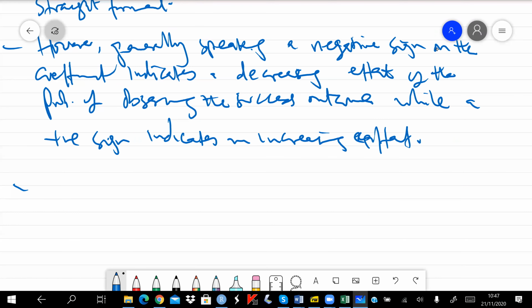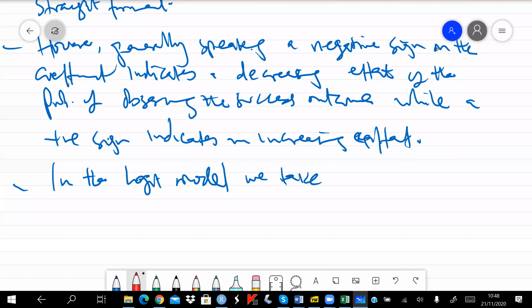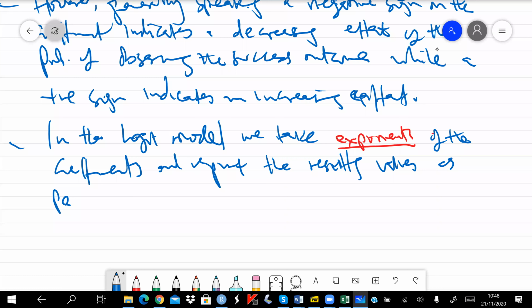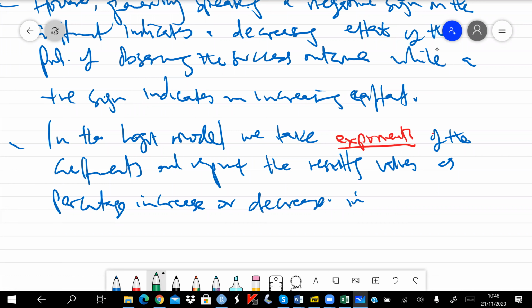Let me say that in the Logit model, we take exponents of the coefficients and report the resulting values as percentage increase or decrease in something called the odds of the success outcome.